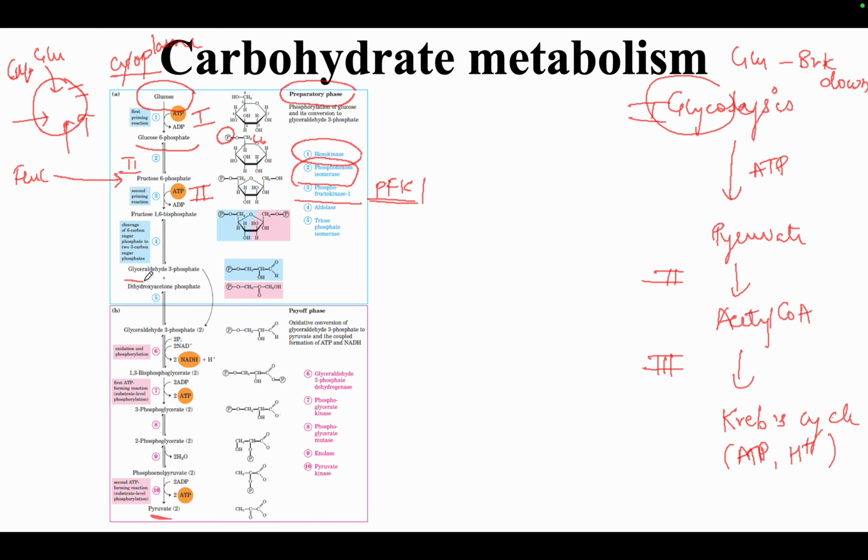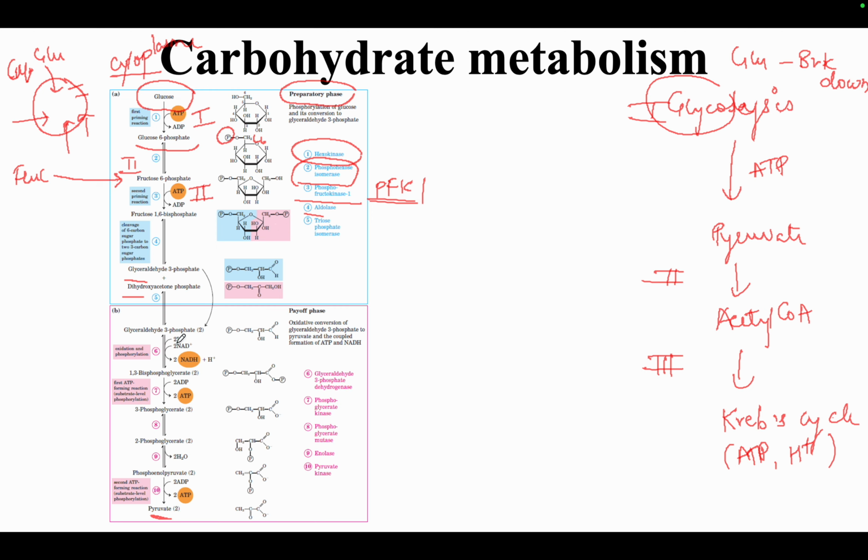We have glyceraldehyde 3-phosphate and dihydroxyacetone phosphate, and the enzyme which converts this is aldolase. So this is the fourth reaction, in which there is a cleavage of this fructose ring. As you can see, this is how the cleavage occurs, and this blue part is glyceraldehyde 3-phosphate, and we are remaining with dihydroxyacetone phosphate.